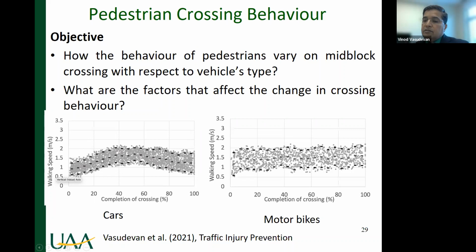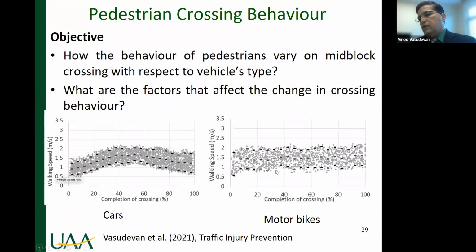The results show that the walking speeds of pedestrians change significantly in front of a car. In front of a car, they walk at high speed when they are in the middle of the crossing. This is the start, this is the end, and this is the middle.